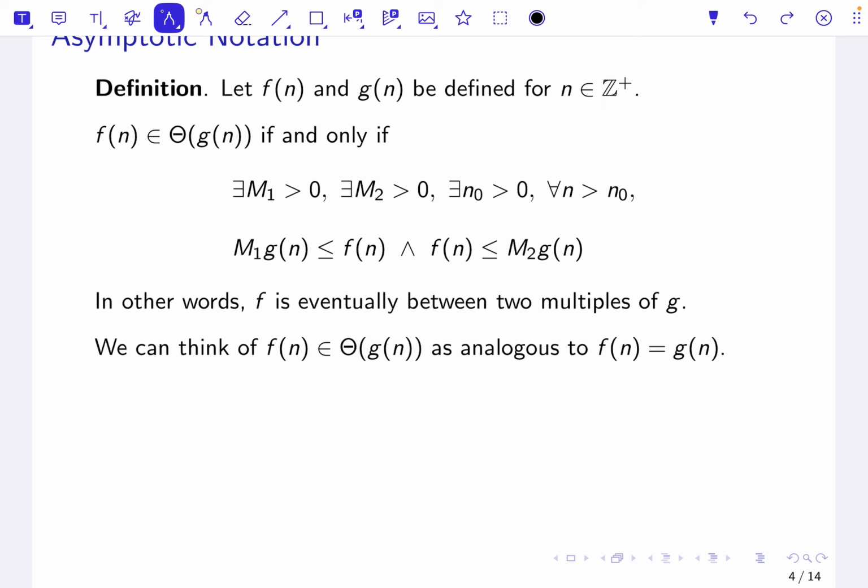And then instead of one inequality, you have 2. You need f of n to be greater than one multiple of g of n and less than another multiple of g of n. If those are both true, then f of n will be in big theta of g of n.